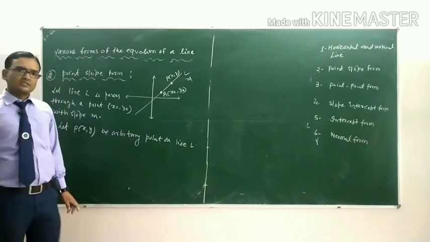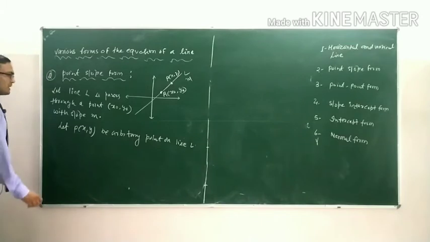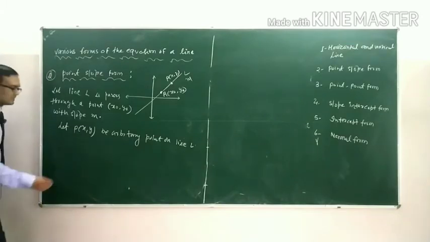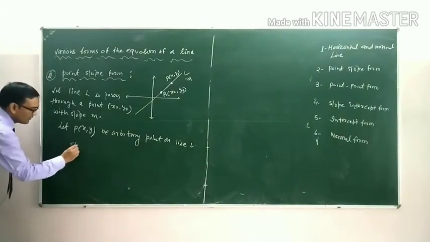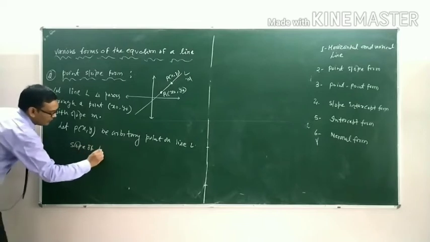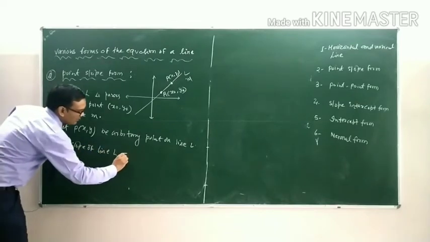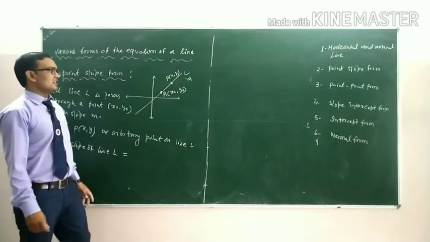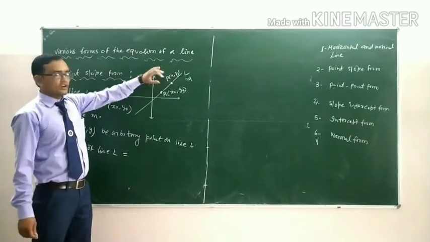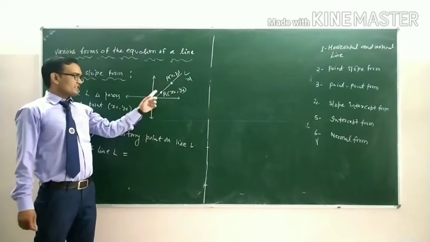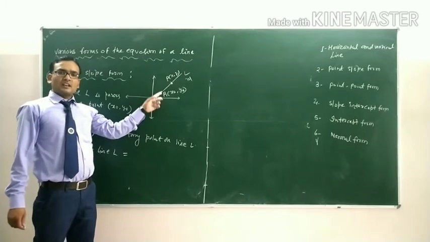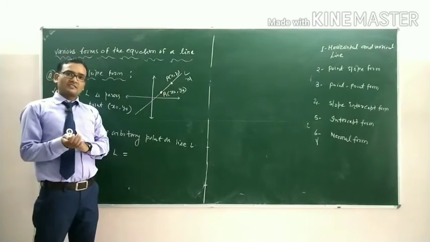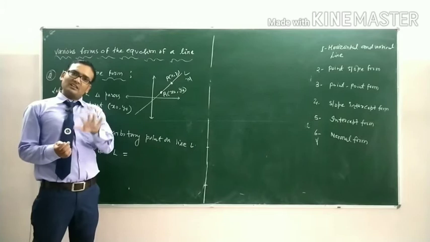Okay students, we know that the slope of line L is found using two points. The first is the given point, and the second is the general point on the line.